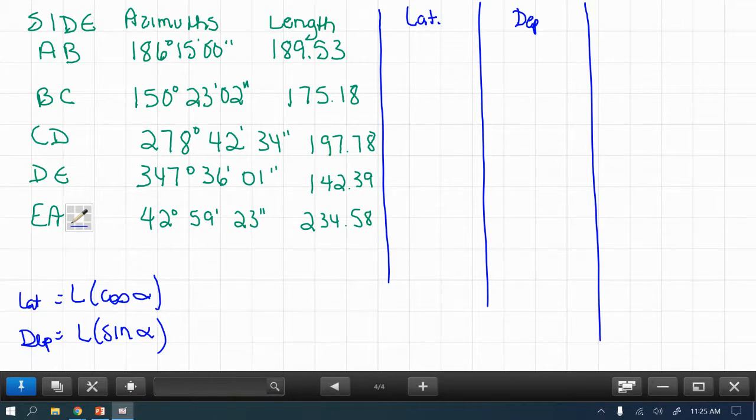All right. This is probably where we're going to get to today. So these are going to be unadjusted. This is the next column. So an example, I'm going to take 189.53 for the latitude of the first one, times the cosine of your azimuth, 186 degrees, 15 minutes.